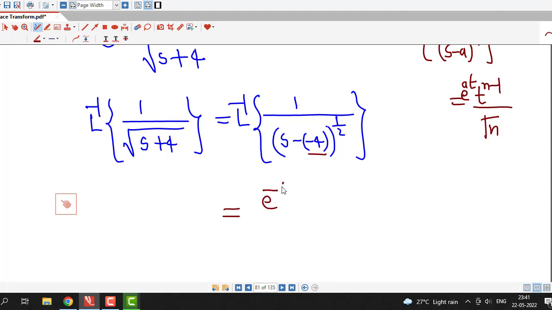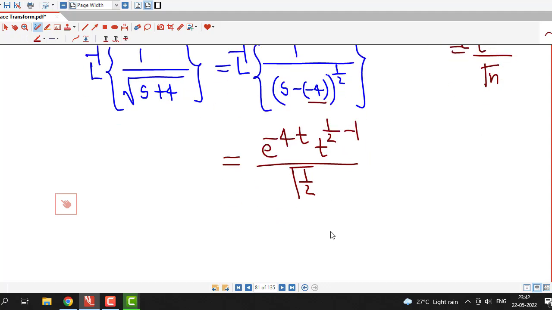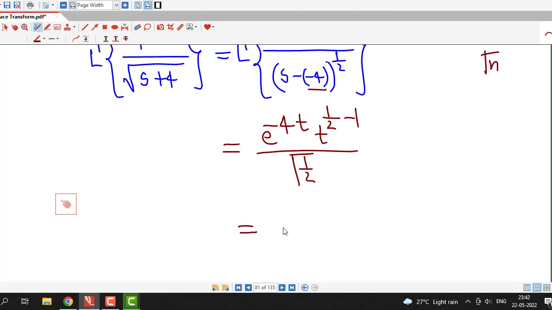E raised to at, that is e raised to minus 4t, times t raised to n minus 1, with n as 1 by 2, so t raised to 1 by 2 minus 1, divided by gamma function of 1 by 2. And t raised to 1 by 2 minus 1 is t raised to minus 1/2, and gamma 1 by 2 is square root of pi.